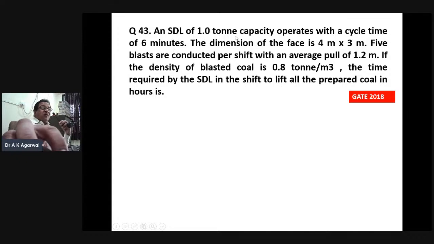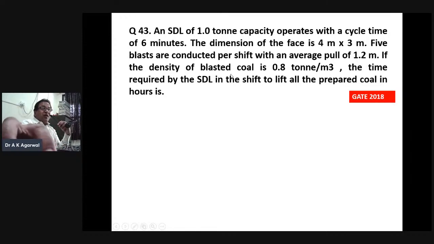An SDL of 1 ton capacity operates with a cycle time of 6 minutes. The dimension of the face is 4 meter by 3 meter. 5 blasts are conducted per shift with an average pull of 1.2 meter.